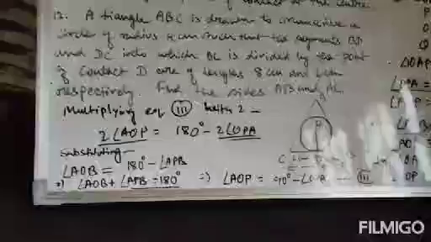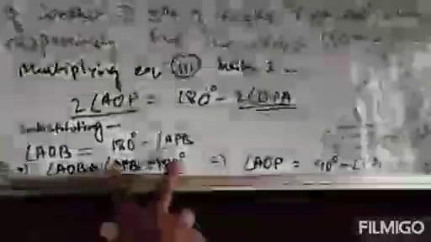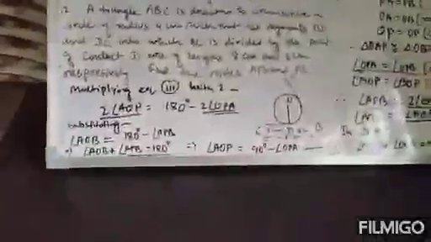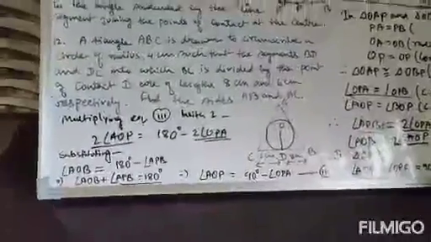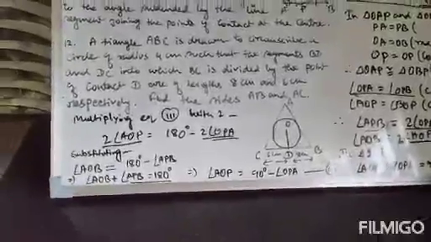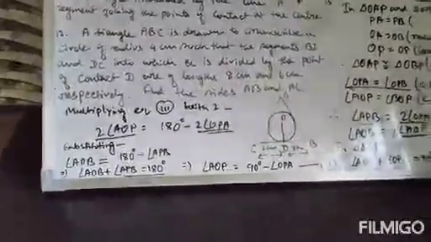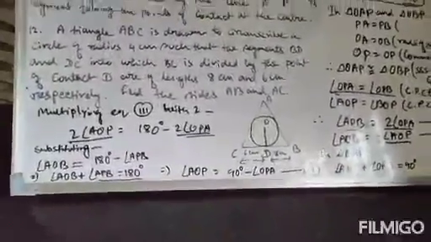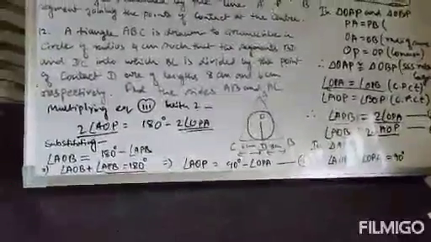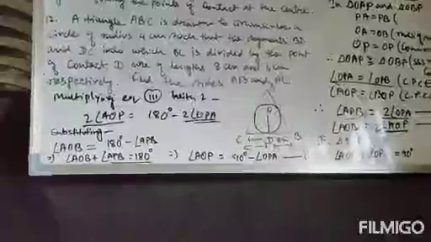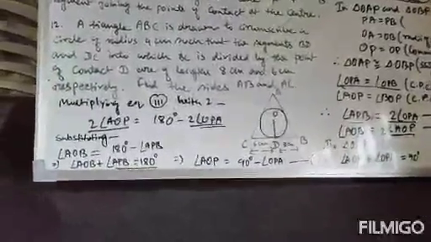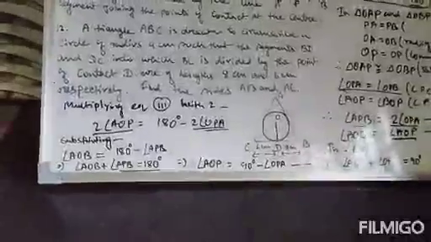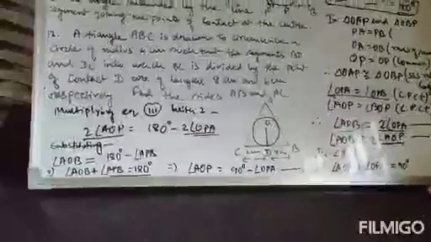After proving this expression, just write what I am saying now: the angle between the two tangents drawn from an external point to a circle is supplementary to the angle subtended by the line segment joining the points of contact at the center.